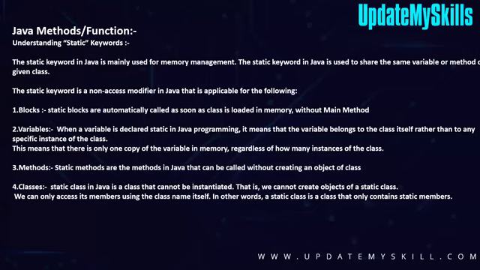We can use the static keyword for a variable, for a method, and for a class also. There are a lot of advantages to using the static keyword in programming. And there is one more called static blocks, which I have not talked about. I will explain what static blocks are. A static block is like a method, but a different concept.